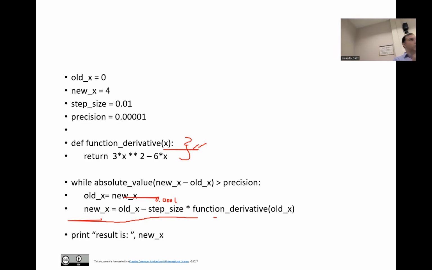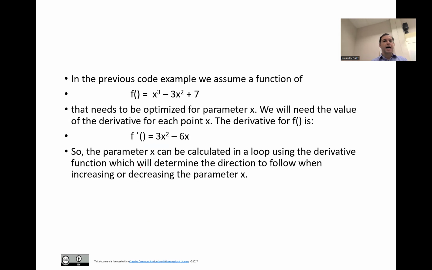And function derivative is, as you can see over here, the derivative of some original function. So that means that this would give you the tangent in that function that we're talking about. So for instance, here, I have the original function, right? So in the previous code example, we assume a function x cubed minus 3x squared plus 7.